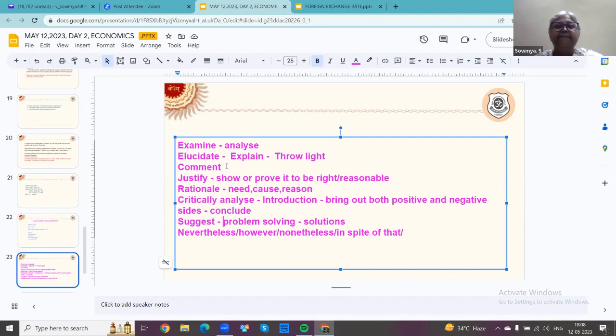Then what about this? Nevertheless, however, nonetheless, in spite of that. What will you say for such words when children spot these? Now we may think this is class 12, why will they not know this? But believe me, children sometimes lose such vocabulary when they see it along with lengthy questions, something they may miss out.